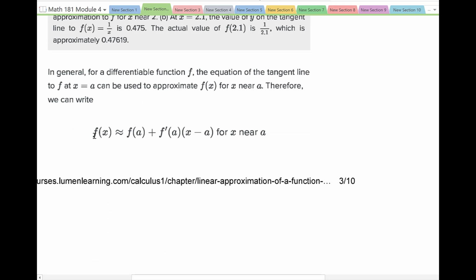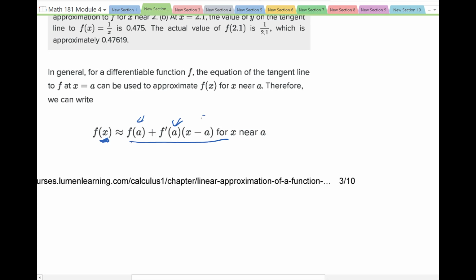So the approximation then, f of x, is approximated by f of a plus f prime of a times x minus a, for x near a. And this is what I want to stress. If we have some value, we can use this formula where a is the point of the tangent line.